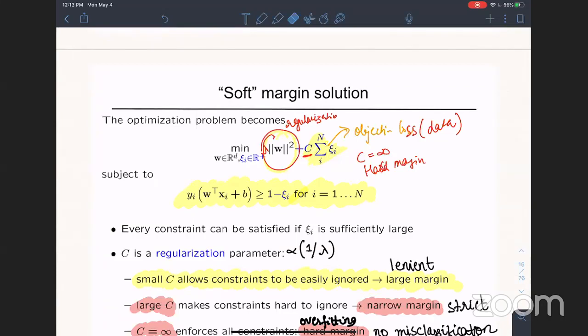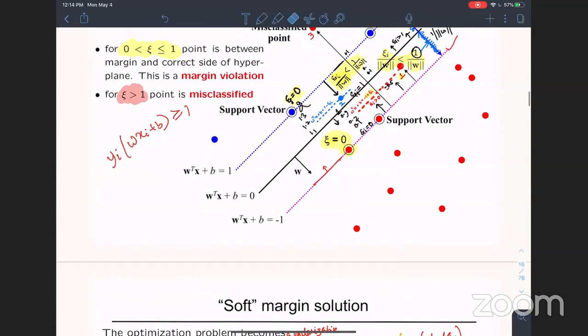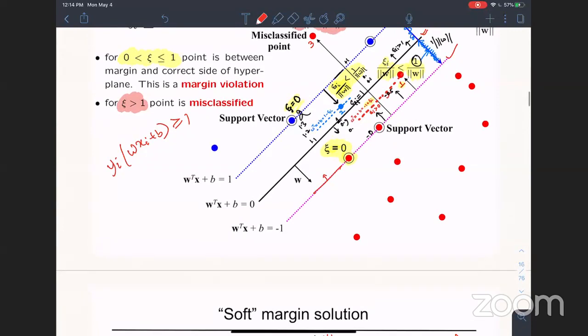Okay. But what we are eventually learning is W. W is still at the same point. We are not shifting the W, but we are relaxing the constraint by adding that slack variable eta I, because 1 minus eta I would be like, as you correctly said, misclassification is allowed. So this point is minus 1 plus 0, minus 1 plus 0.1, minus 1 plus 0.5.